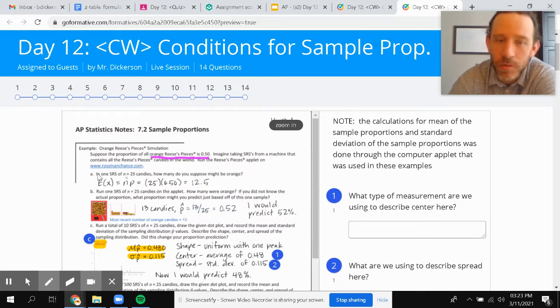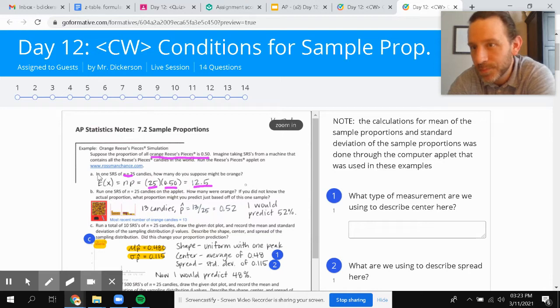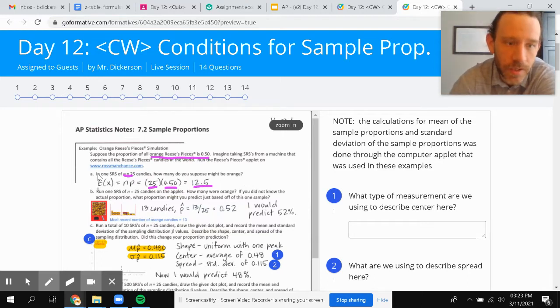If I were just in general to take one sample of 25 here, what would you expect the number of Reese's Pieces would be that you would get? Well, if we think that the population proportion is 50%, we would expect in that one sample to get 25 times 0.50, which is 12.5. Okay, that's the expected value. That's actually this formula here, E(X), the expected value.